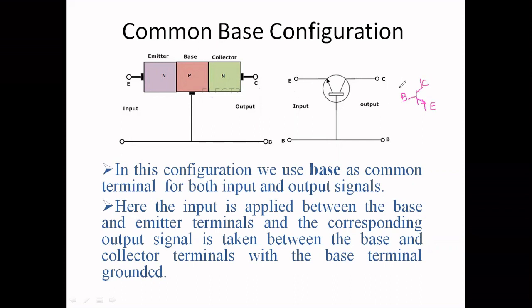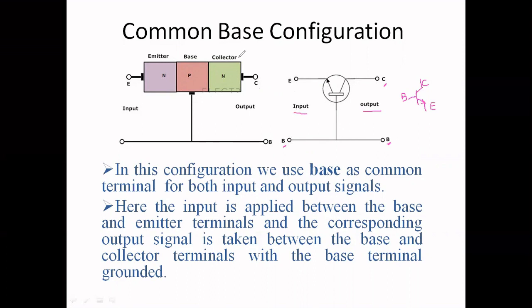Here I'm taking the base as common for input and output, hence I'm connecting the base at the bottom. By making it common, you give the input at the emitter and collect the output at the collector. That's why it is called collector and it is represented by C. This is the base.